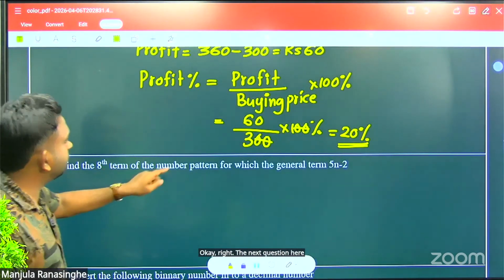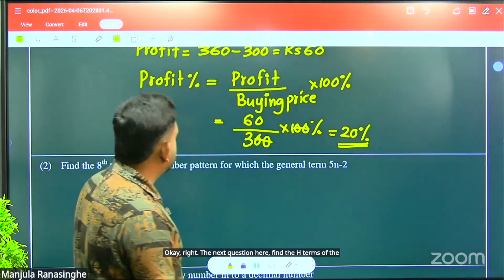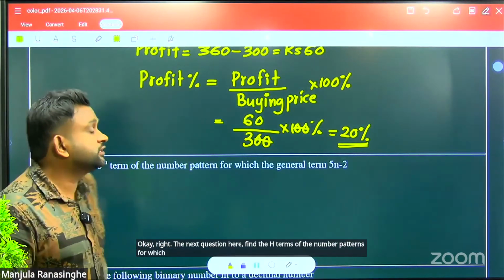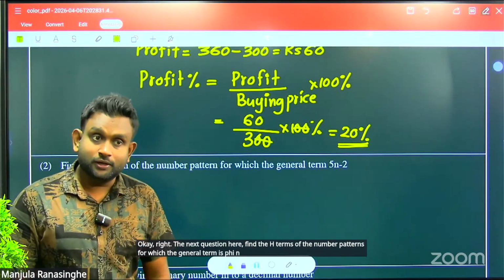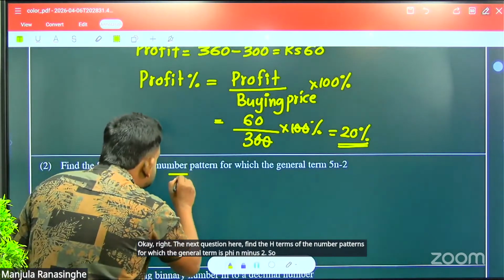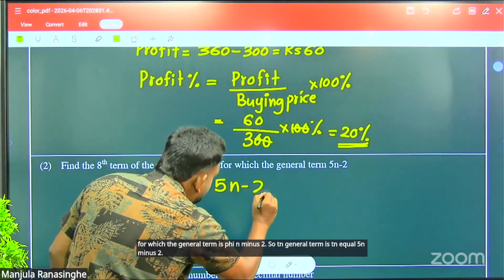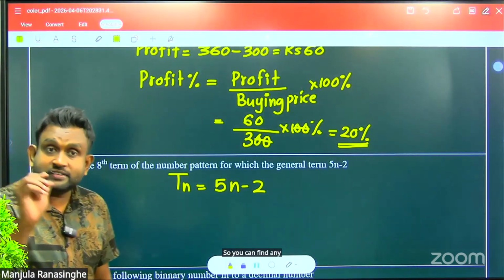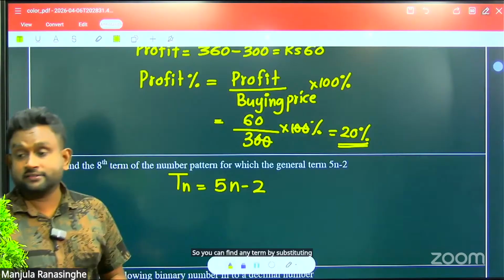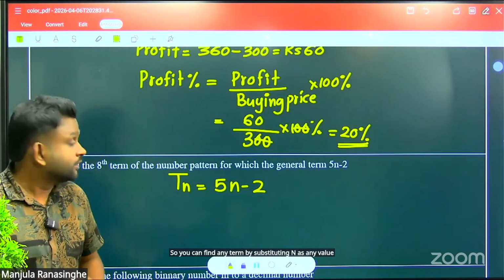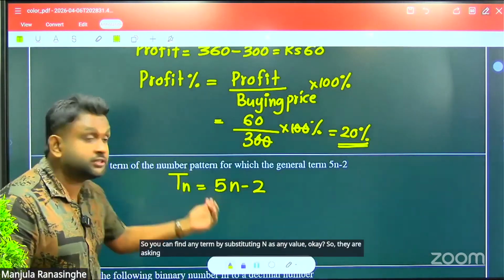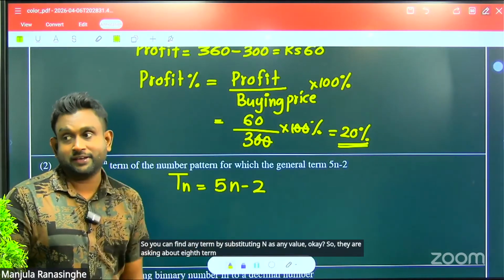Find the eighth term of the number pattern for which the general term is 5n minus 2. So the general term is Tn equals 5n minus 2. You can find any term by substituting n with any value. They are asking about the eighth term, so substitute n as 8.